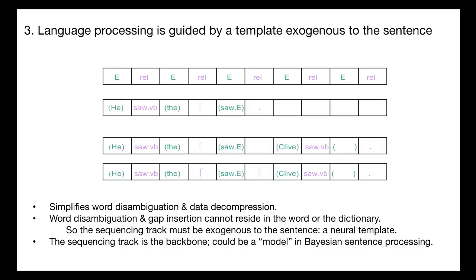It has to come from an exogenous sequencing track. And for those of you who are, like Dr. Priston, who think about Bayesian sentence processing, I would say that, okay, here's the backbone. Yes, you can add sophistication onto it. And I'll show you later how much you get from this alone and how much additional sophistication you need.